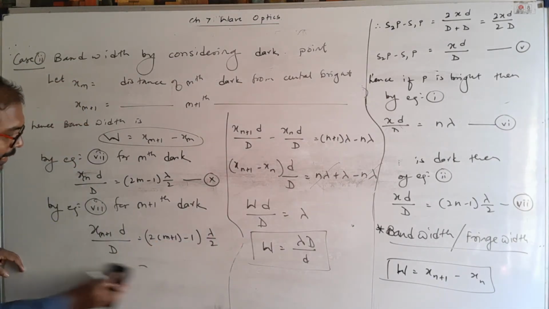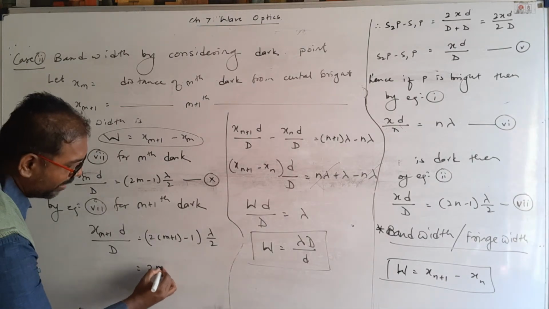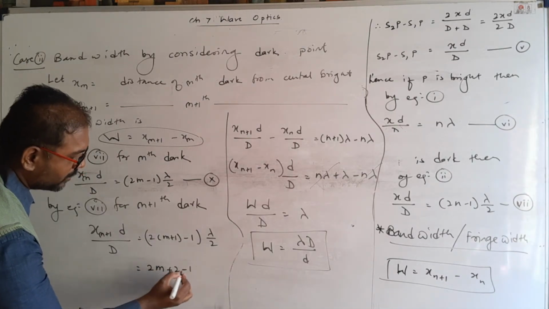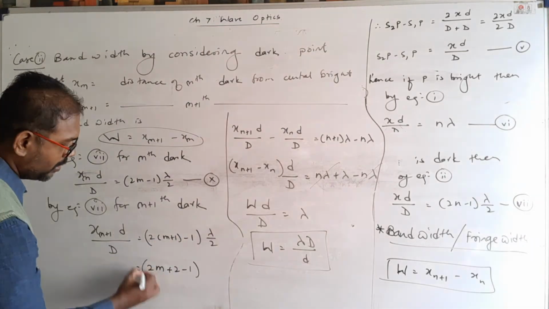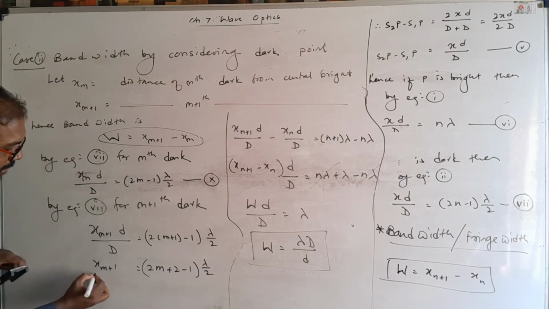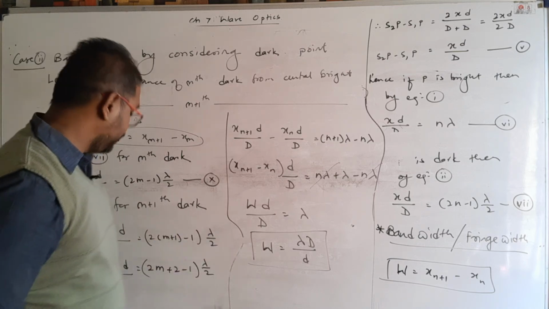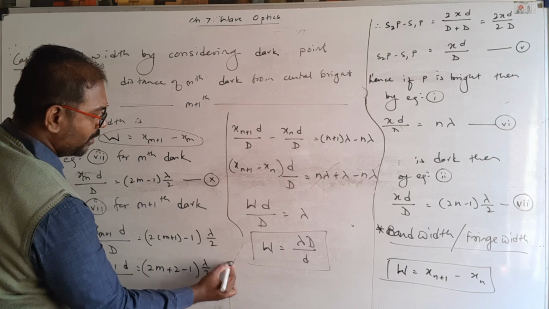So I can split this term here: 2m plus 2 minus 1, so 2 into m plus 1 bracket minus 1 lambda by 2. So here xm plus 1 d by capital D. Now I can name this equation as equation number 11.